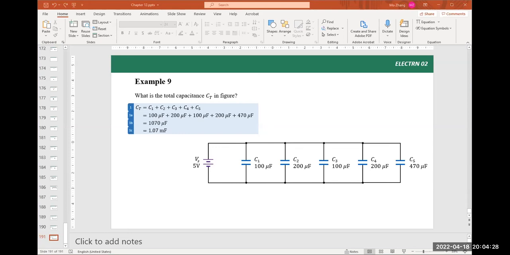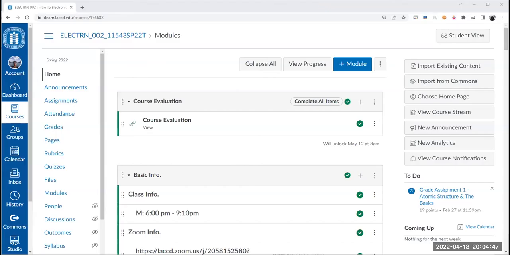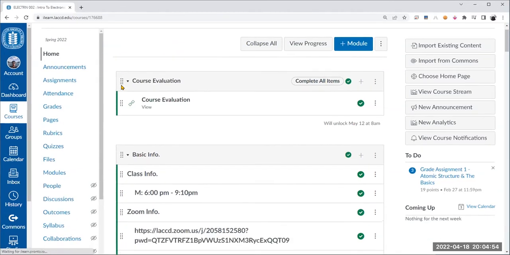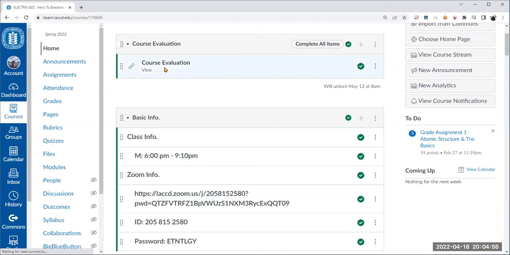Give me 1 minute. Let me log into Canvas. So here, this is our Canvas page, the home page, right? Canvas homepage for our class. And what is this?